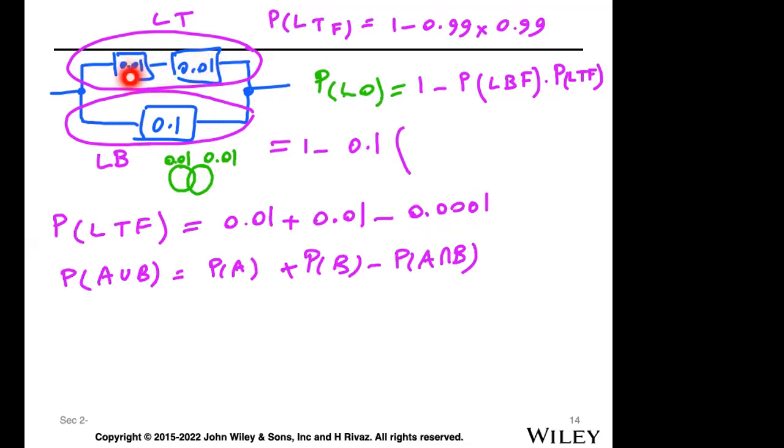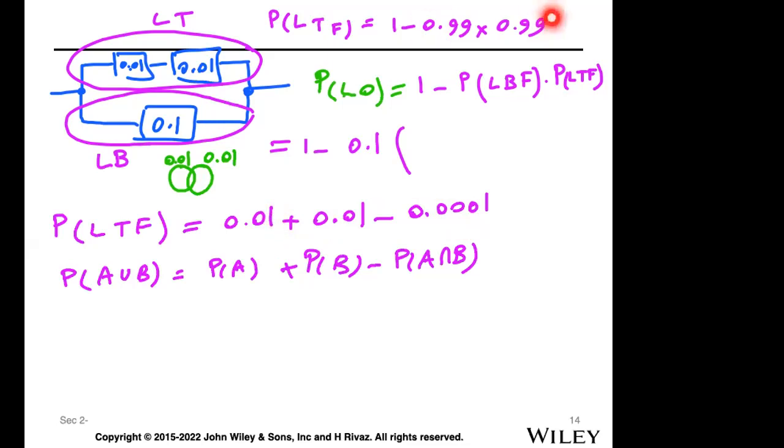If these guys had a larger probability of failure, then this would be a considerable number, right? So that's why I wrote it like this, because I think this is easier than this. This has 2 terms, this has 3 terms to add. So anyways, let's write the final answer.